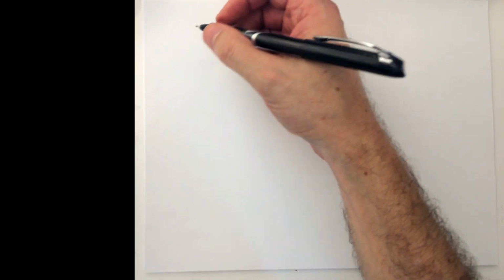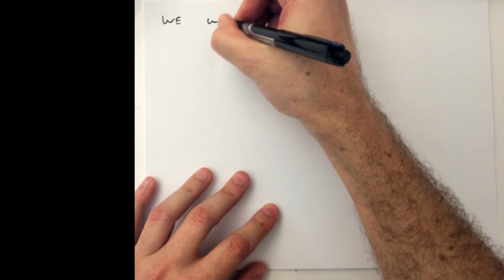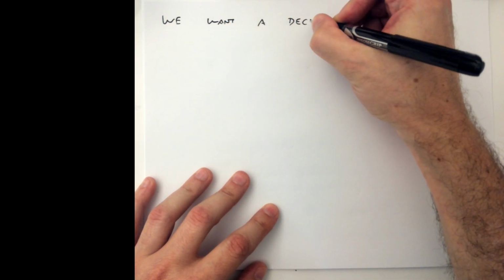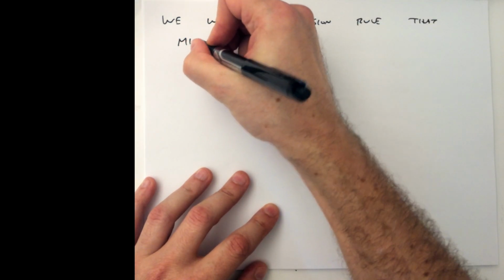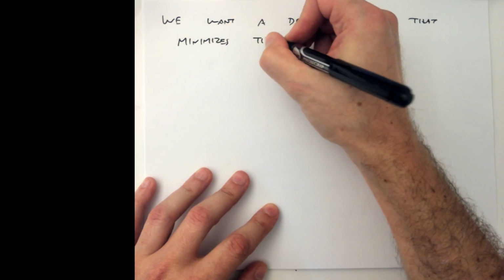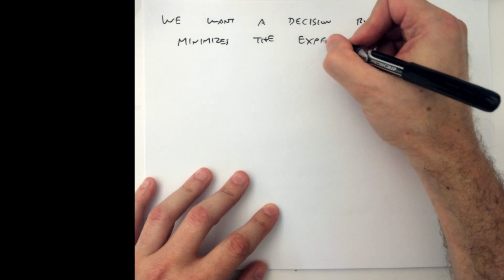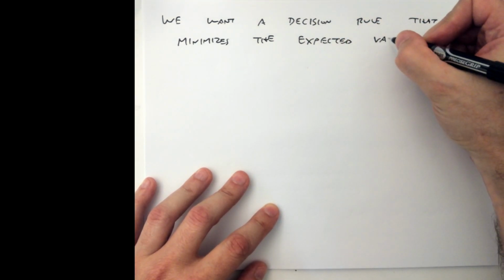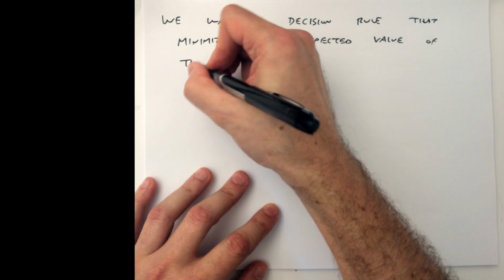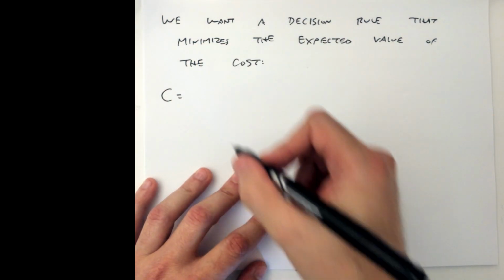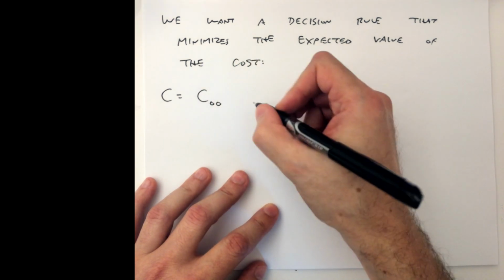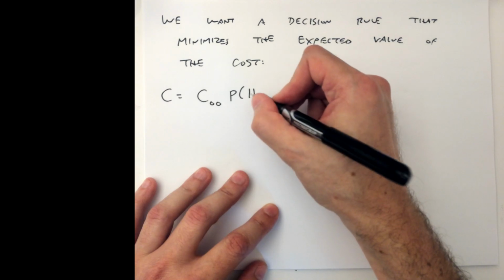The overall cost of a decision rule is basically like saying we want a decision rule that minimizes the expected value of the cost, which is the 4 ways that things can happen.